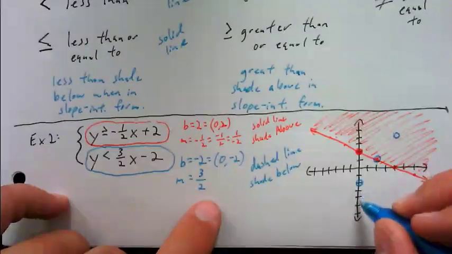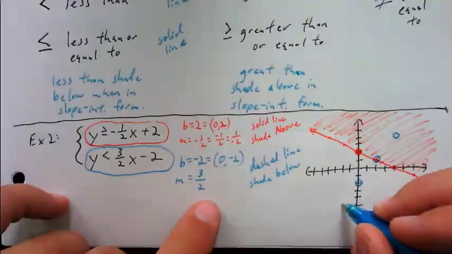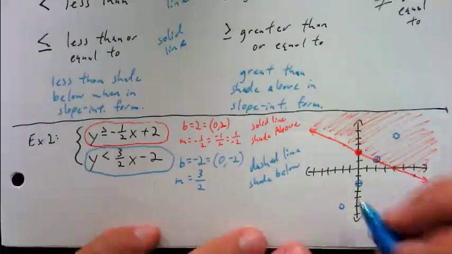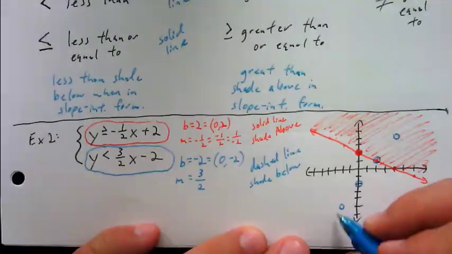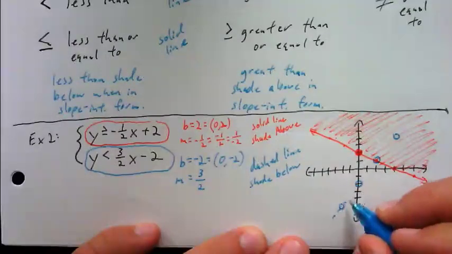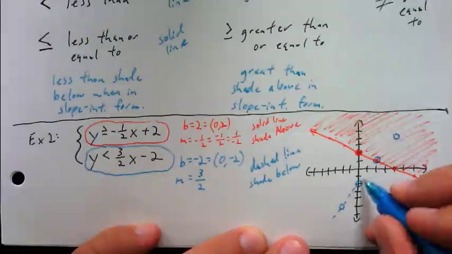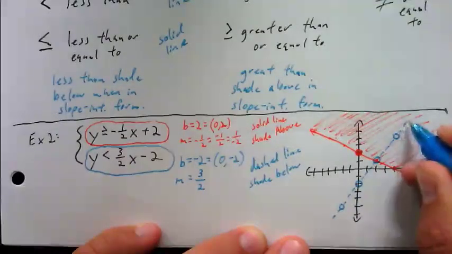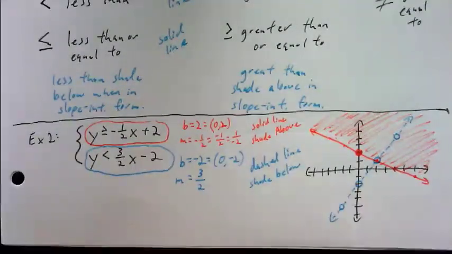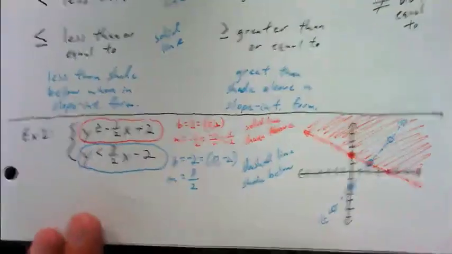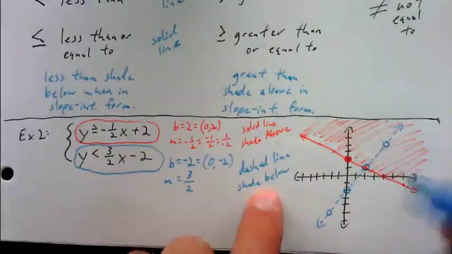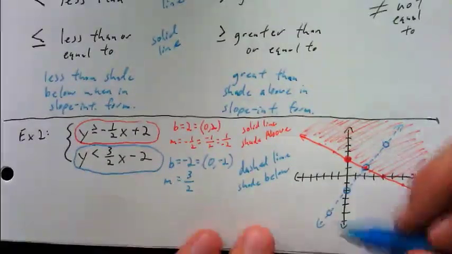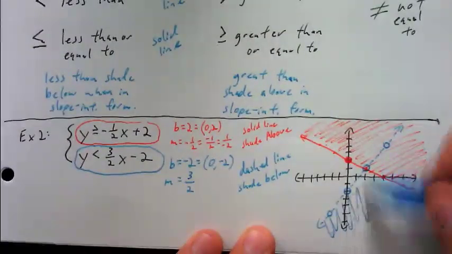So down 3 and over 2. Again, this is a dashed line. So, looks something like that. And then we're going to shade everything below. So, this side's below, so everything below.